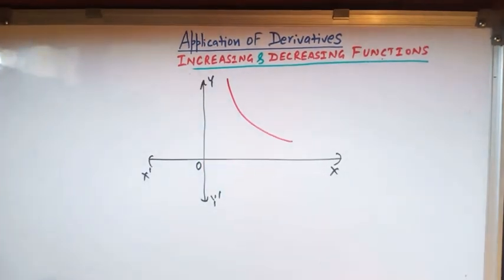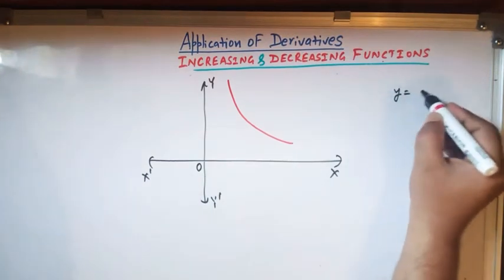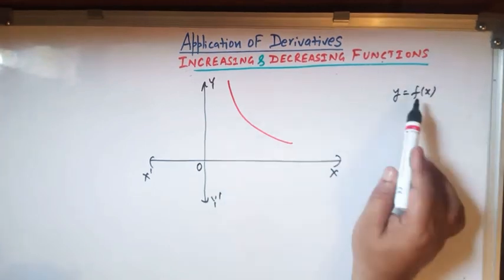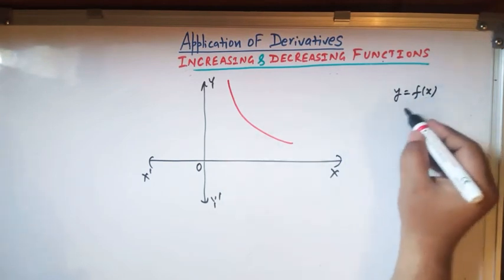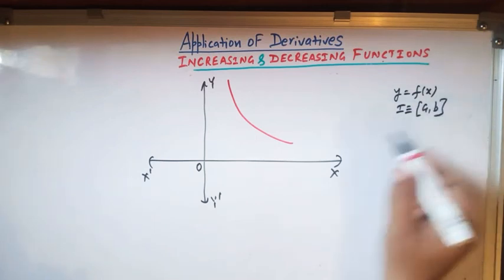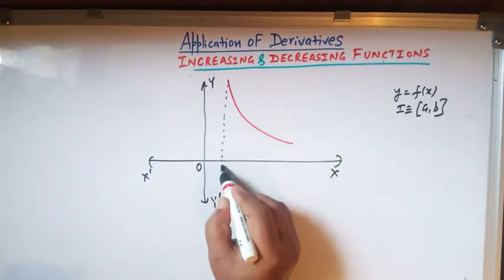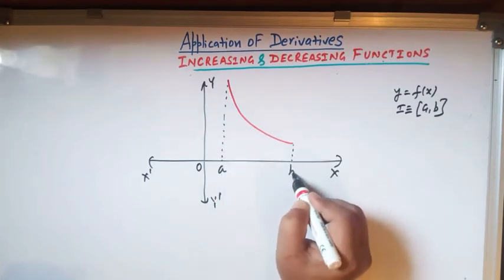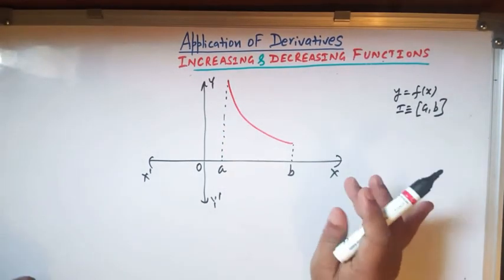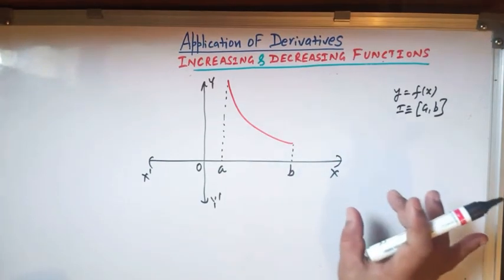Now viewers, let us take a look at this graph, and we have y equal to f(x) be the graph of this function, defined in this interval a comma b, and say this is a and this is b. Now we see that this graph represents a decreasing function or a strictly decreasing function.